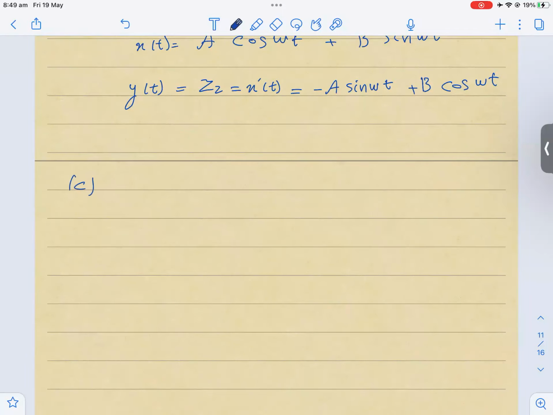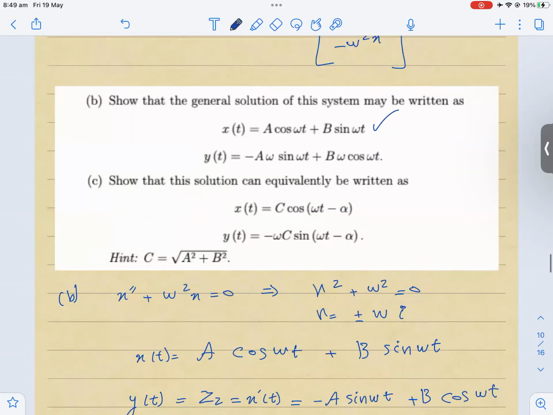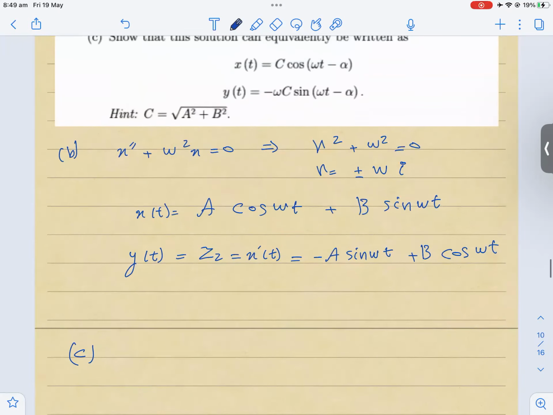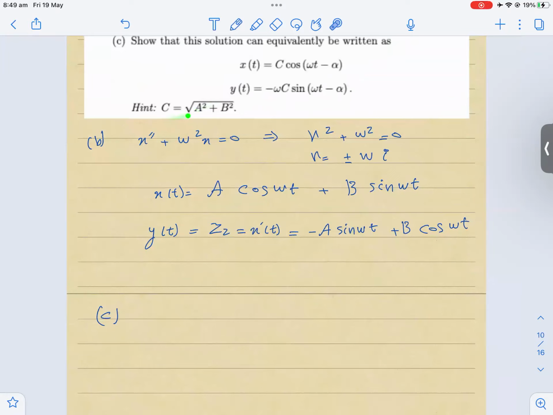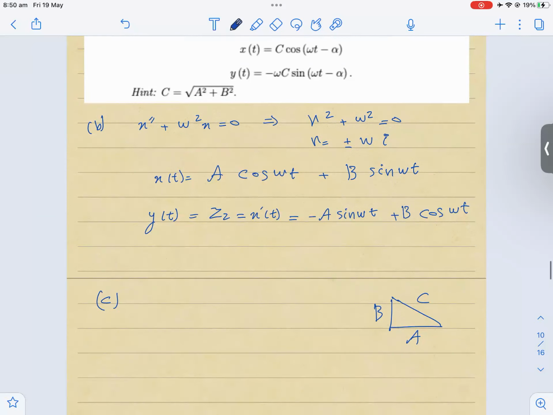Part C, we want to write this guy as this one. And we've got a hint here. It means this constant C is the square root of a squared plus b squared.